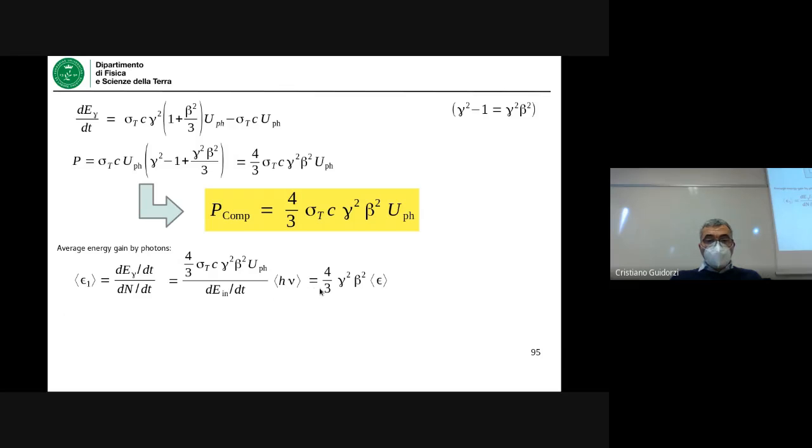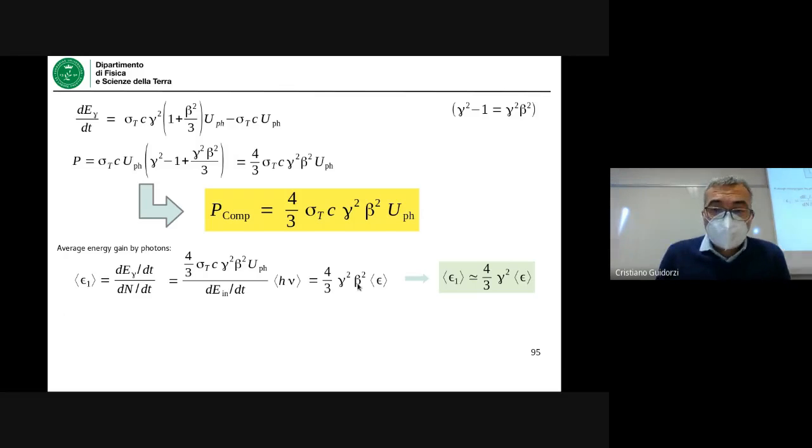So you end up with 4/3 gamma squared beta squared, and here I call epsilon instead of h nu, it is the same thing, the average energy of the photons prior to scattering. And you immediately see that, considering that we are dealing with ultra-relativistic electrons, so if you just take beta equal to 1, which is a very good approximation, the average energy gain of a photon is, first of all, gamma squared.